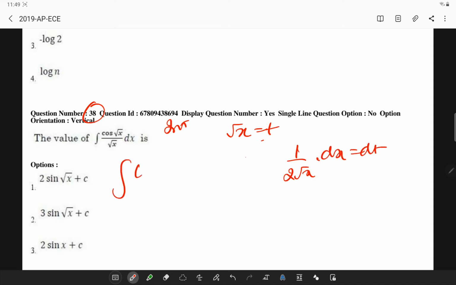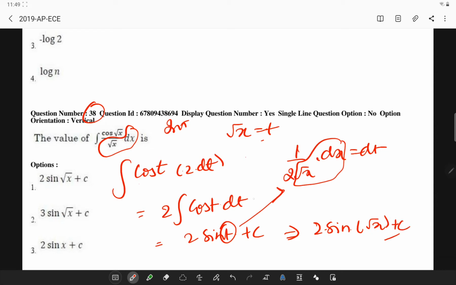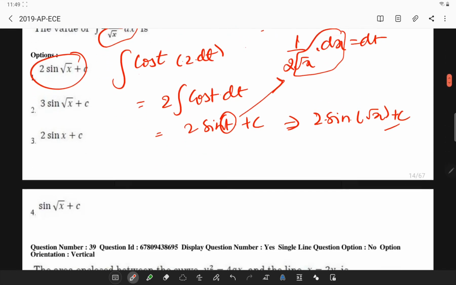If you substitute it, you will be having cos t into dt, which is 2 into integral cos t dt, or I can write 2 into sin t plus c. Now substitute t in the above step. So 2 into sin root x plus c. So the first option is your answer.